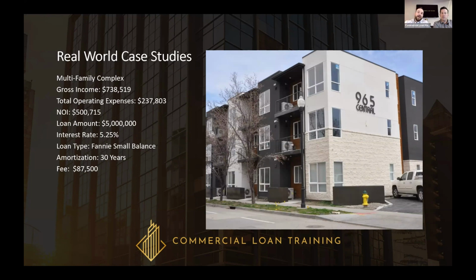There again, we came back around and also did long-term financing for him, a $5 million refinance. We got him into agency financing, Fannie small balance, and it's a 30-year amortization. And there again, we charged him 1.5 points and made a good fee on that.